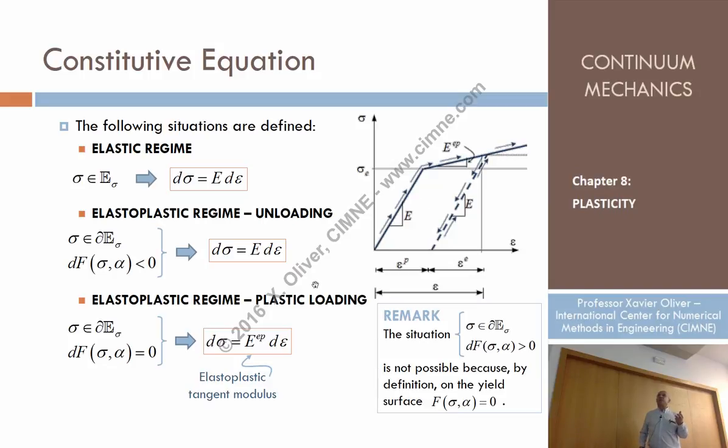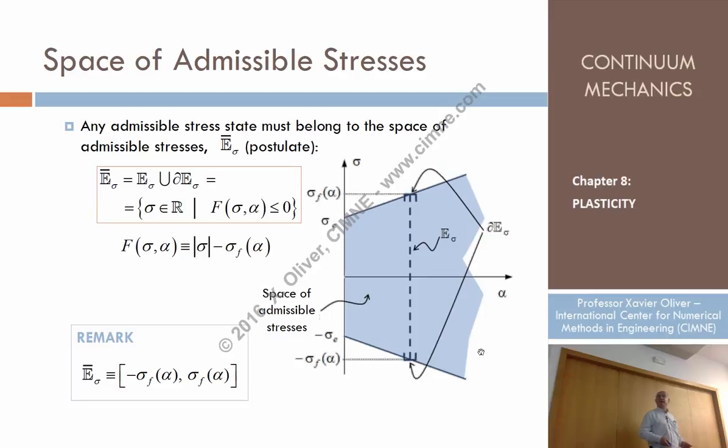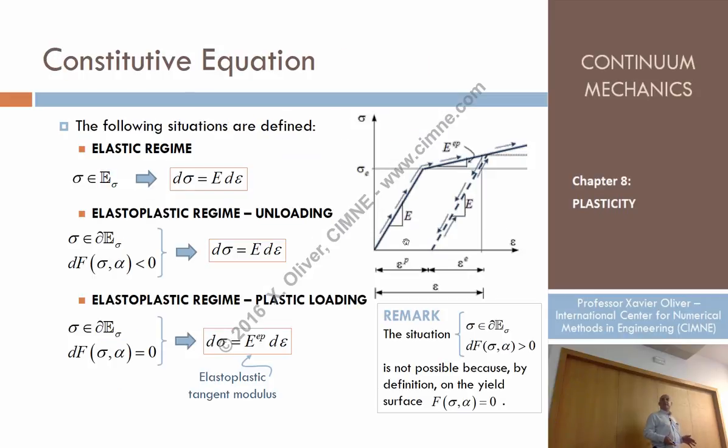The increment of f is not greater than 0 because if sigma belongs to the boundary, f is equal to 0, and if the differential of f were greater than 0, f would become greater than 0. That's impossible. I have postulated that f is smaller than or equal to 0. So this never happens, okay?